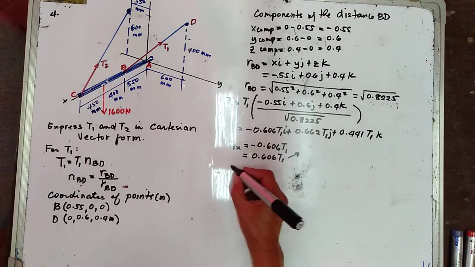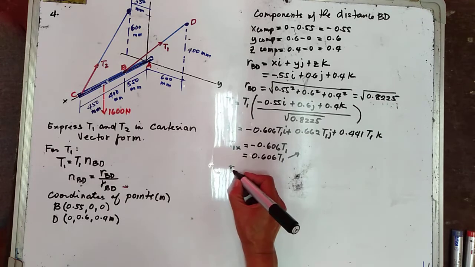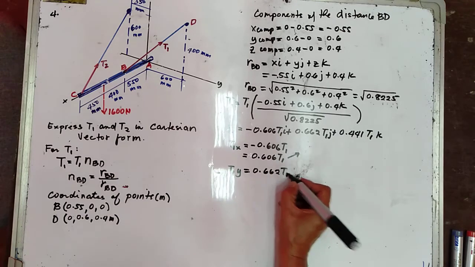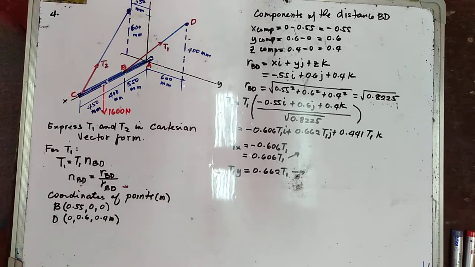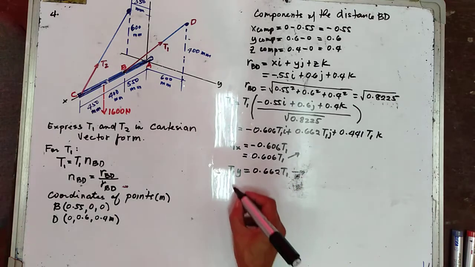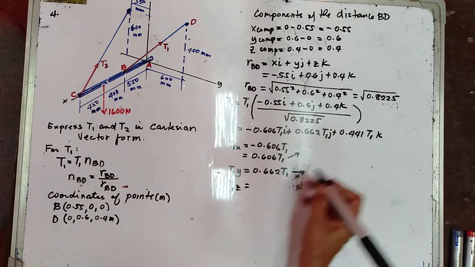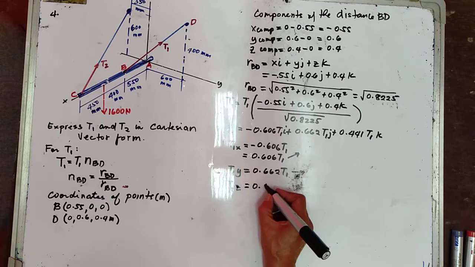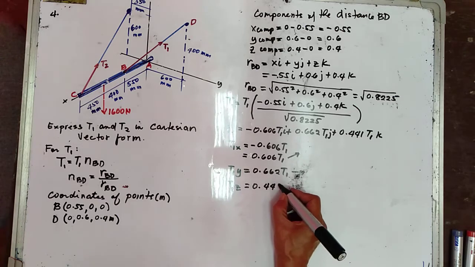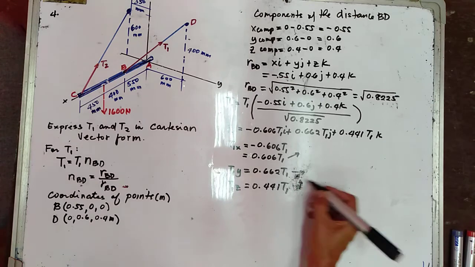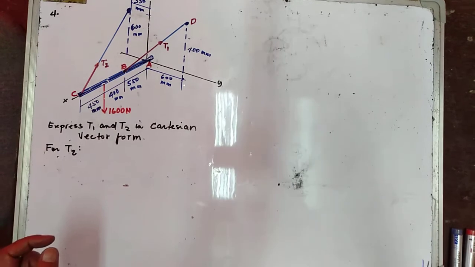Your T1y is equal to 0.662 T sub 1, so that is going to the right. And your T1z is 0.441 T sub 1, and that is going upward.